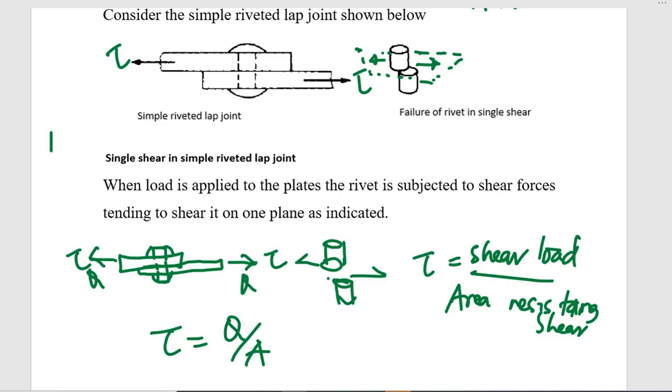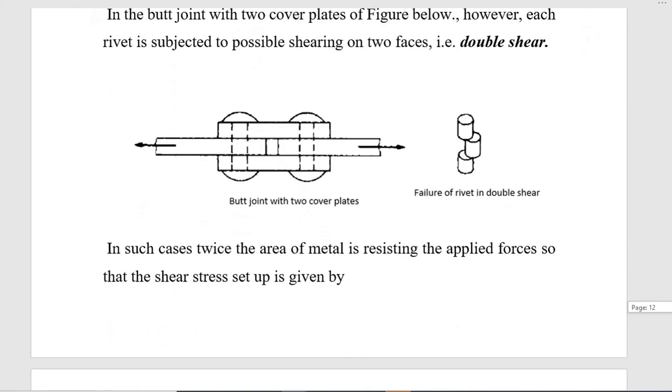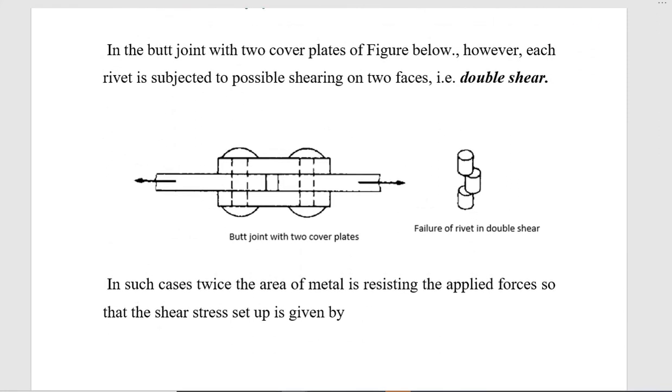Now let us look at what happens when we have a different kind of joint. For example, a butt joint with two cover plates, this is one cover plate, this is another cover plate, and these are the members in which a force Q is being applied, resulting in shear stress tau.